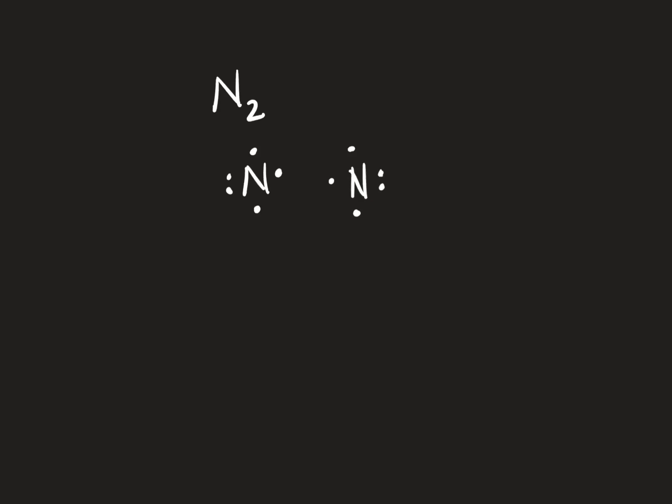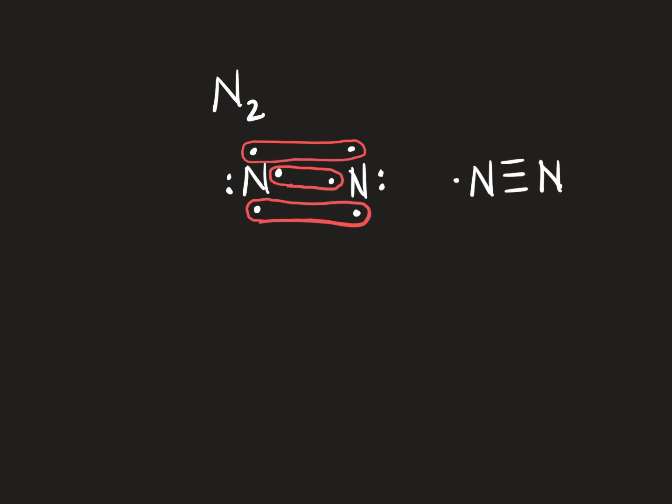These 2 atoms are going to come together to form covalent bonds. These covalent bonds are going to be the pairs of the electrons. That's a pair of electrons forming a covalent bond. That's a pair of electrons forming a covalent bond. This is a pair of electrons forming a covalent bond. That leaves us with a structure that looks like this.